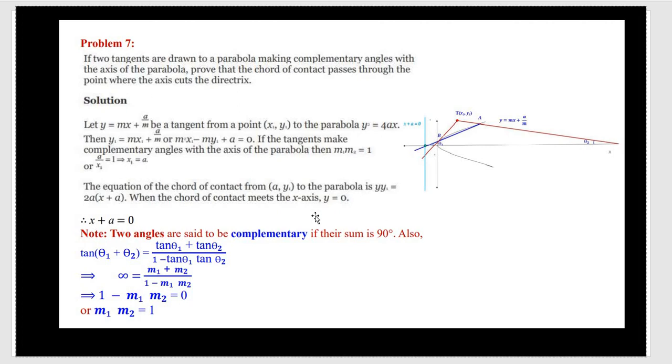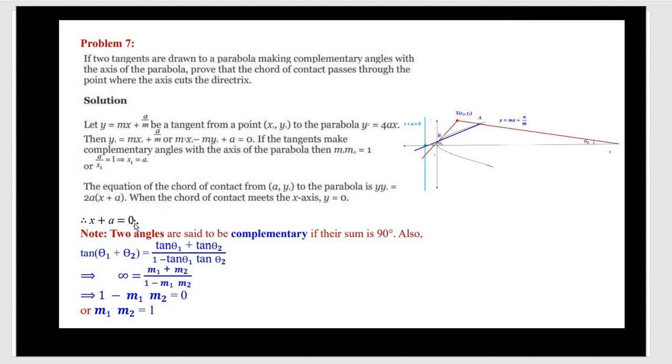So what have we obtained? We have to show that the chord of contact passes through the point where the axis cuts the directrix. The axis cuts the directrix at the point minus a comma 0.